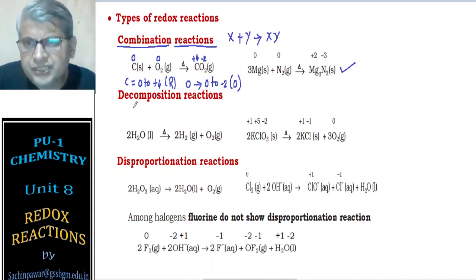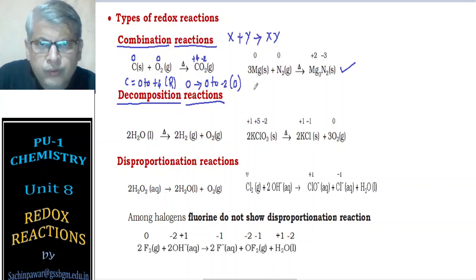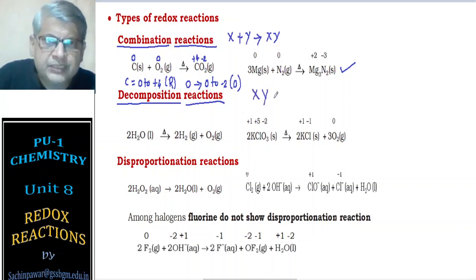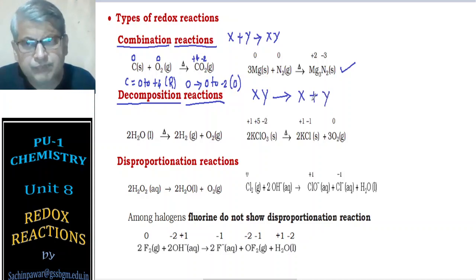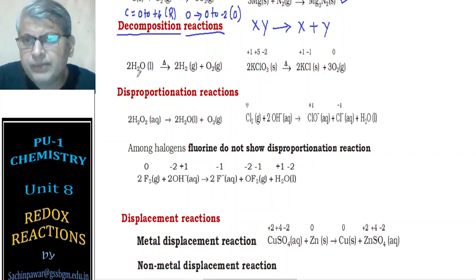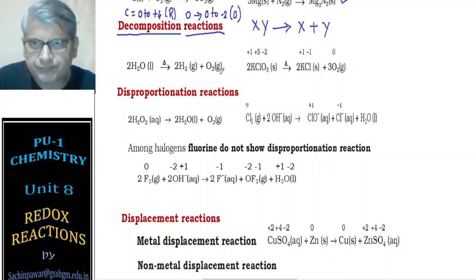The next one is the decomposition reaction. I have already told you that we have a compound XY that will decompose into its corresponding elements. To take an example, liquid water, when heated, splits into its corresponding elements. The elemental state of hydrogen is H2 and of oxygen is O2. So H2O splits into H2 and O2. This is a simple reaction.